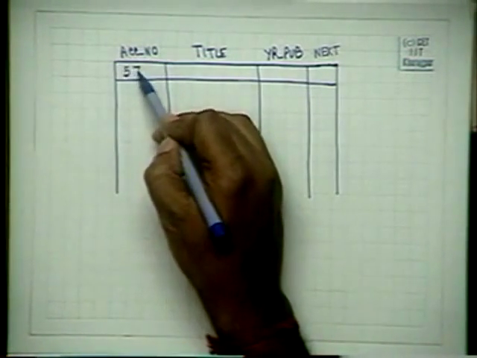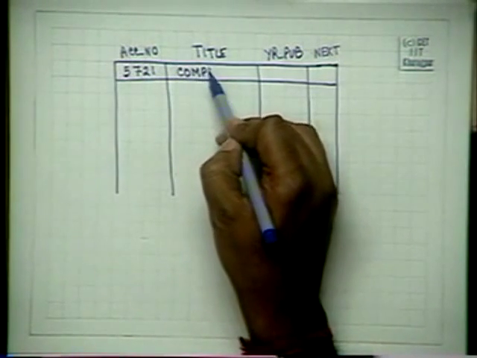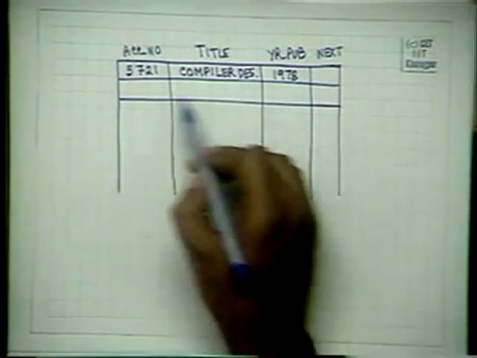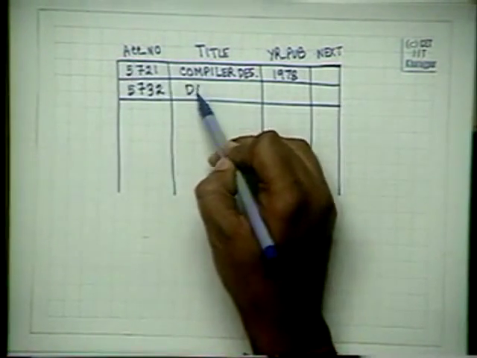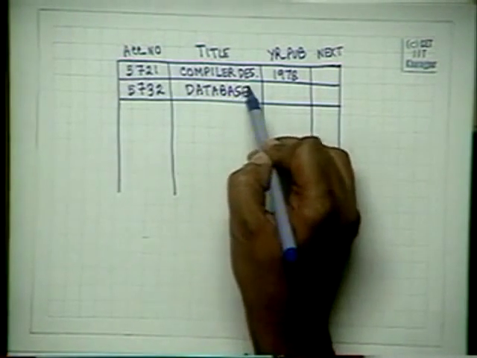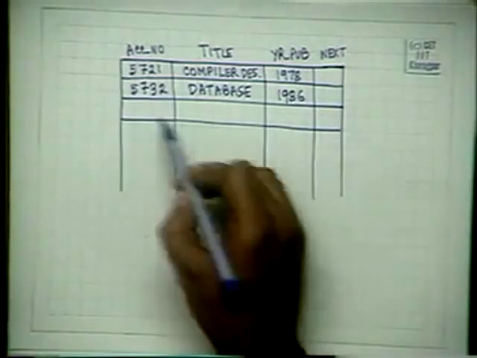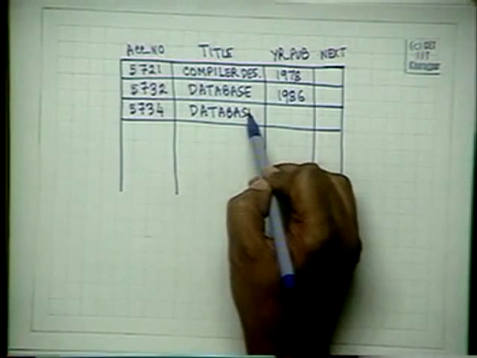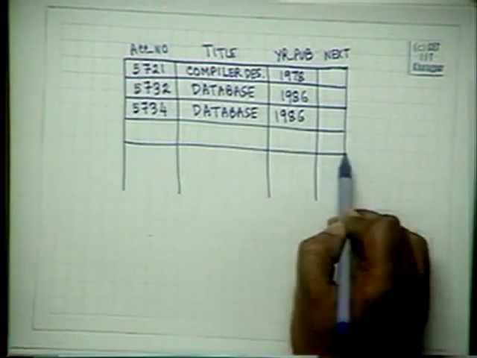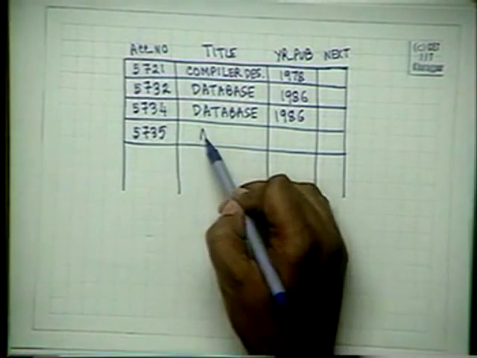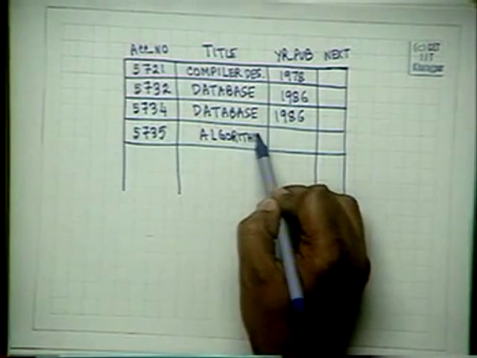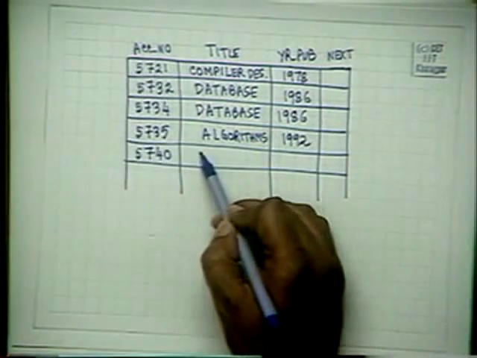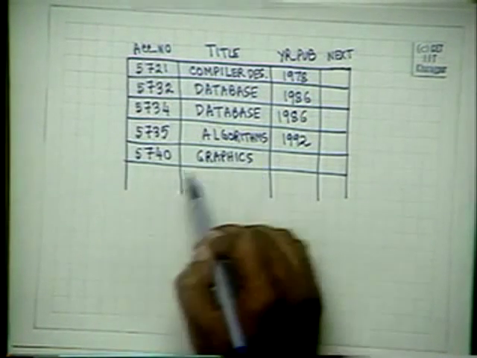For example, in our situation, we had this book, we had 5732 database, we had 5734 another database, we had 5735 algorithms, and we had 5740 graphics.